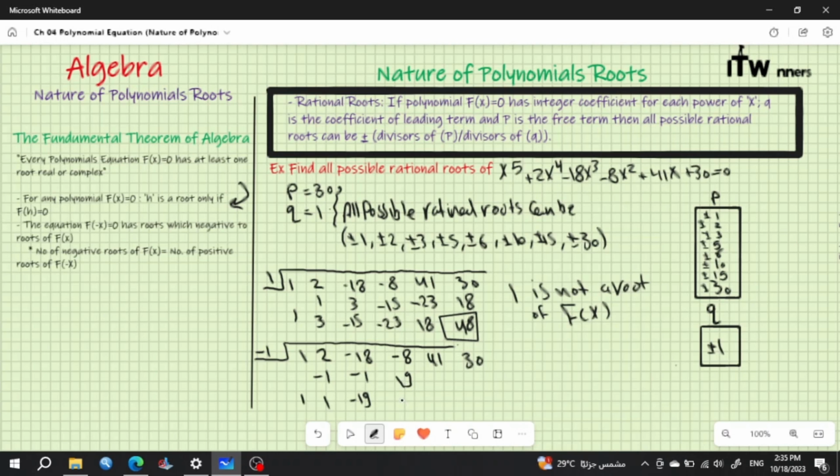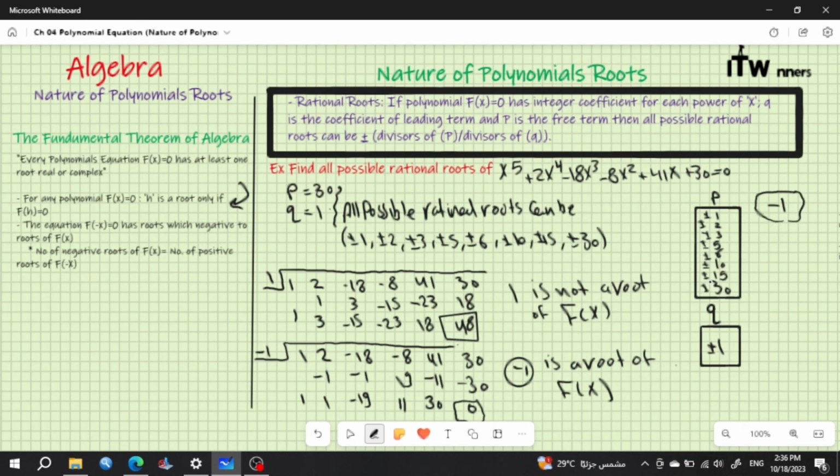So we have here 11. 11 times negative 1 equal to negative 11. So we have here 30. 30 times negative 1 equal to negative 30. So we have here remainder is 0. Then negative 1 here is a root of f of x, and we have here the first root is negative 1.